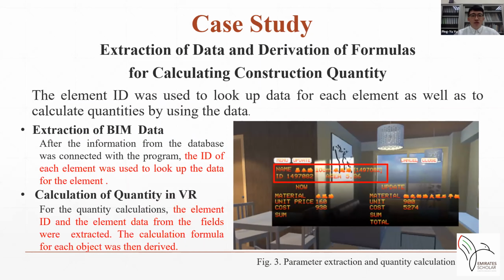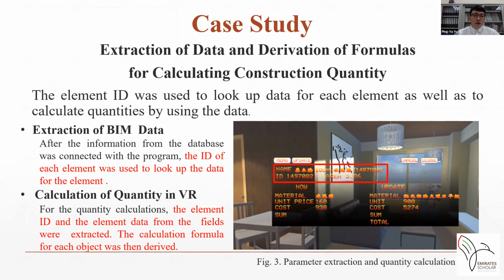The element ID was used to look up data for each element, as well as to calculate quantities by using the data. The first point is extraction of BIM data. After information from the database was connected with the program, the ID of each element was used to look up the data for the element.